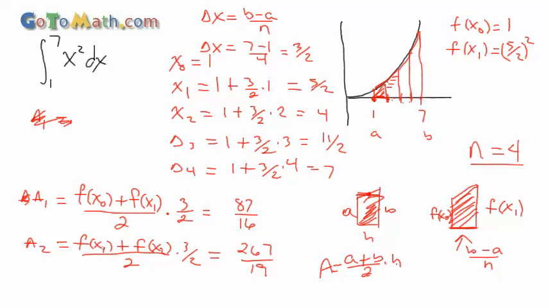Okay, so you do it the same way, right? Take x of 1, which is 5/2, square it, plus, and then x of x2, 4 squared, divided by 2, times it by 3/2, and you get this number here.